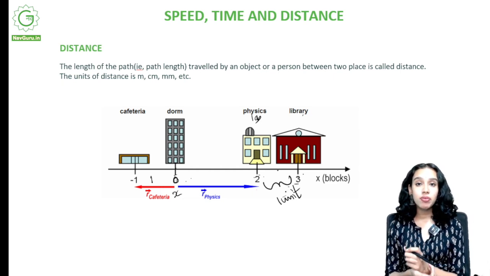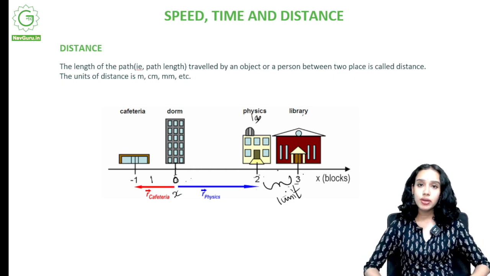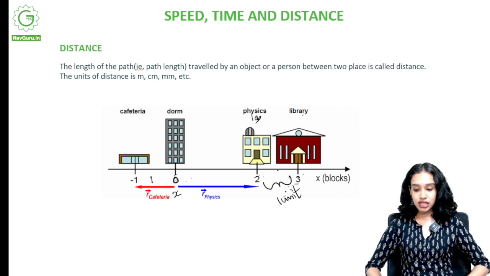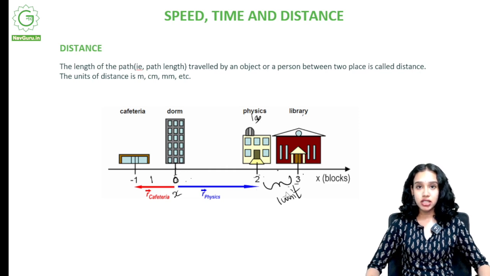Now let's talk about the unit of distance. How do we measure distance? We have centimeters, meters and kilometers when it's about length. Have you ever heard someone say 3,500 meters instead of 35 kilometers? No, because it makes no sense, right?